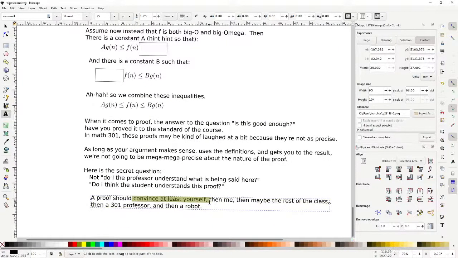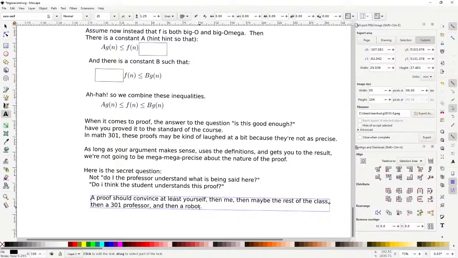If it convinces you, then it's a good attempt at a proof. If it convinces me as well, then that means that you have proved something to the standard of the course, and I'm happy. And then maybe the rest of the class, if you explain your proof to everybody, and then of course a 301 professor who's going to be way more strict about the actual details than we are going to be, and then a robot computer verification algorithm.